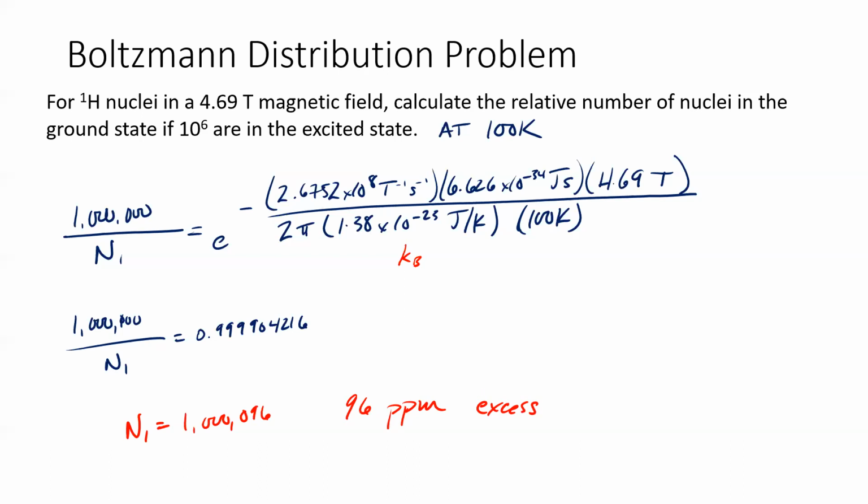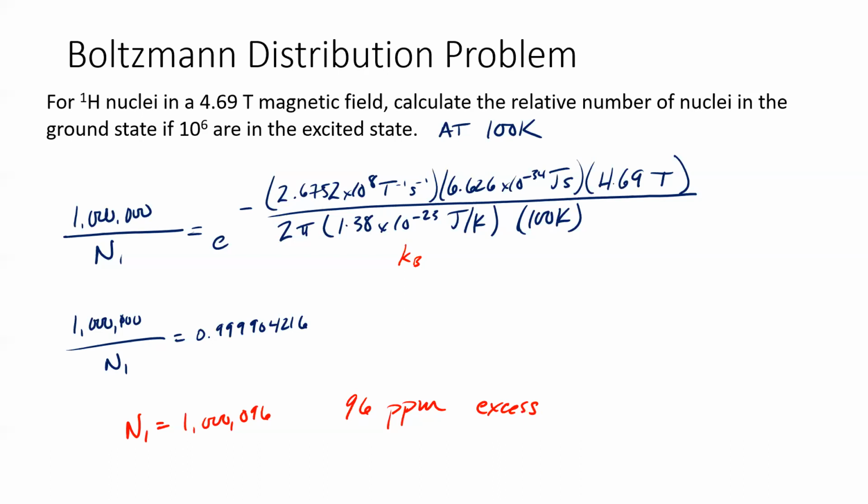And so out of 1 million nuclei, for the way that the quantum world works, we can't have more nuclei in the excited state than in the ground state, right? Because as soon as there's more in the excited state, they'll start relaxing back down.